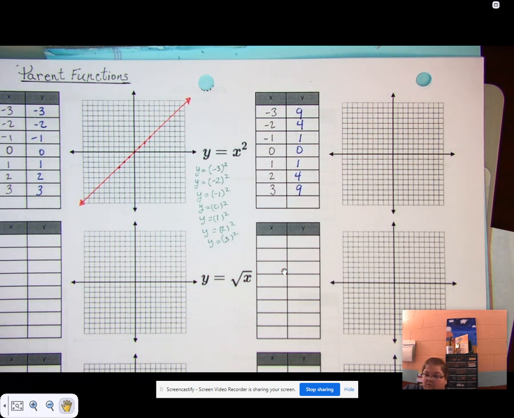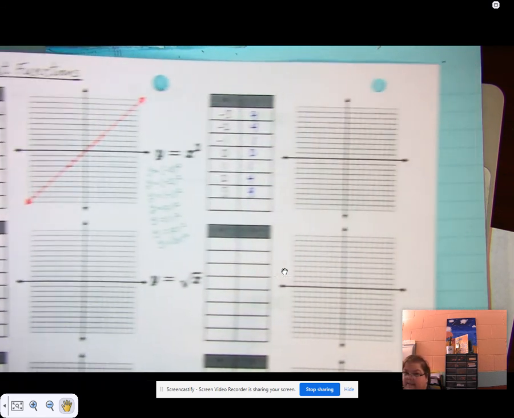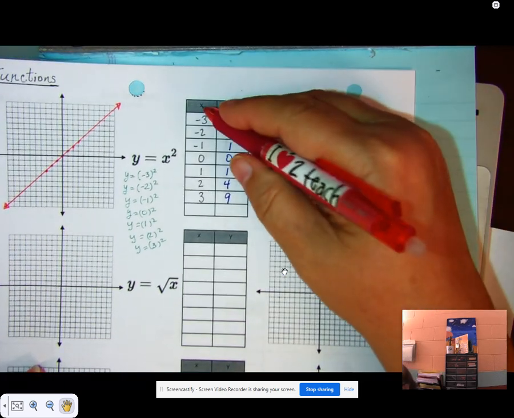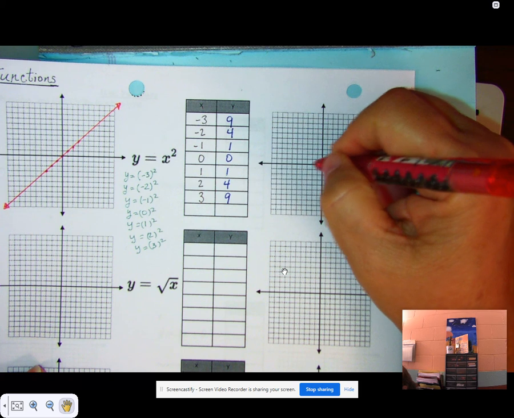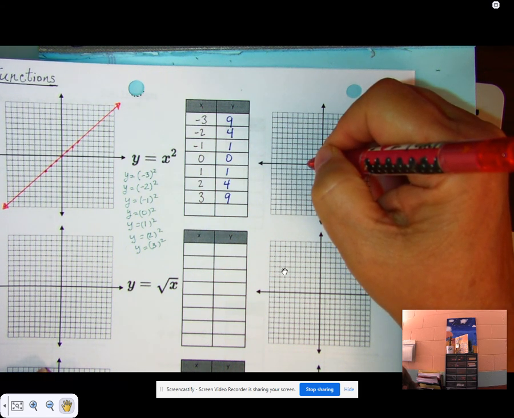And then we are going to graph that. Here we go. So x is -3, and then y is positive 9.